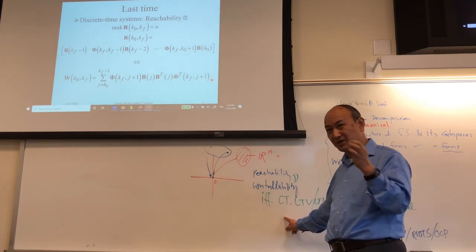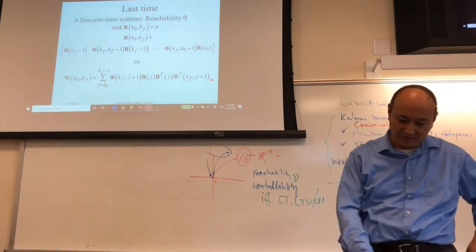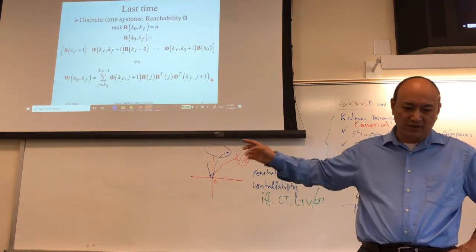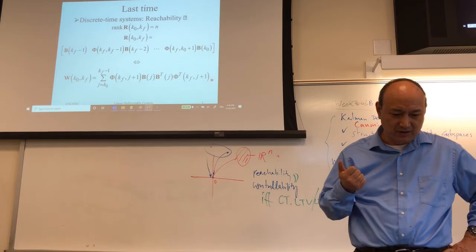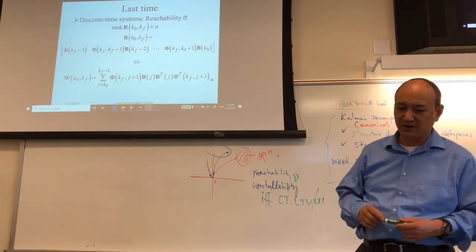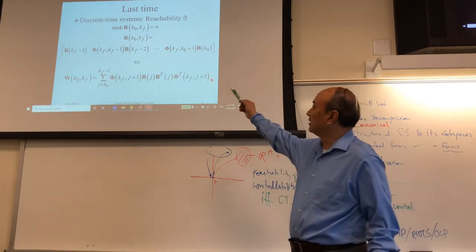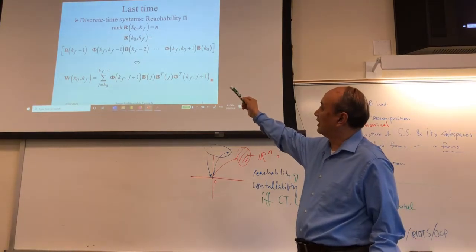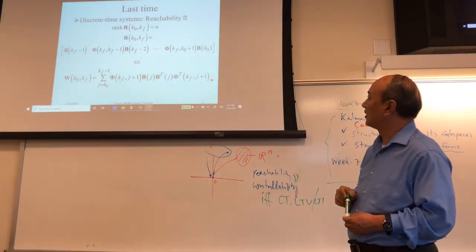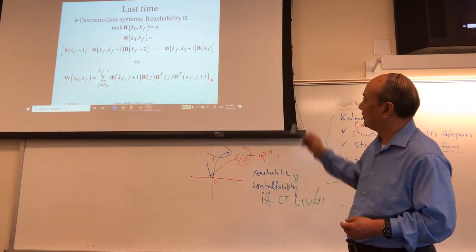But in discrete time, no, they are not. There is a difference. So for discrete time system, we talk about reachability. You need a reachability matrix, that is defined as B, phi B, and so on, from K0 to Kf.